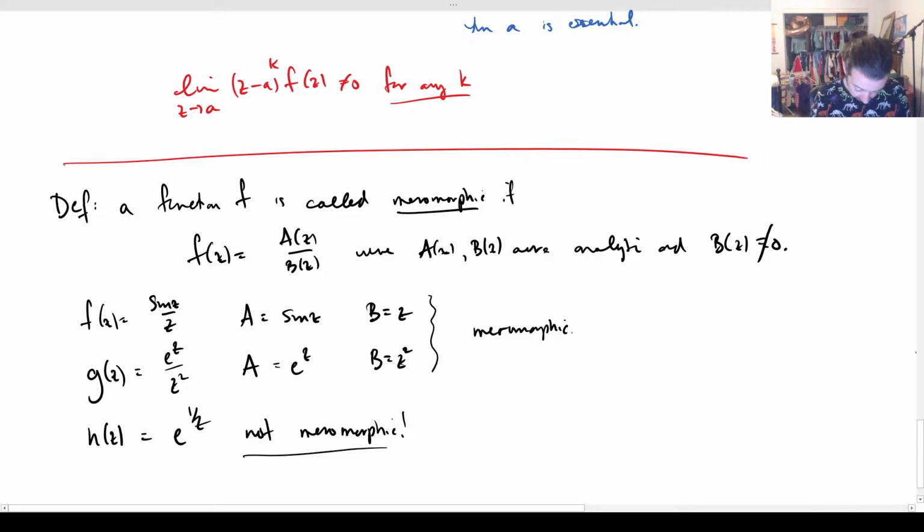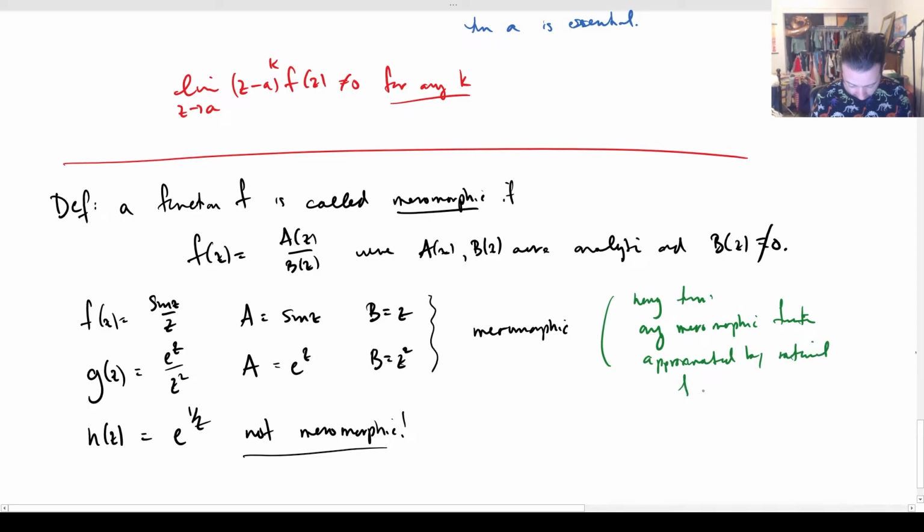And essentially, one of the things we're going to show, long-term, is that any meromorphic function is going to turn out to be approximated by rational functions. Which is kind of a useful thing. So that's kind of the long-term objective, to say that that's true.